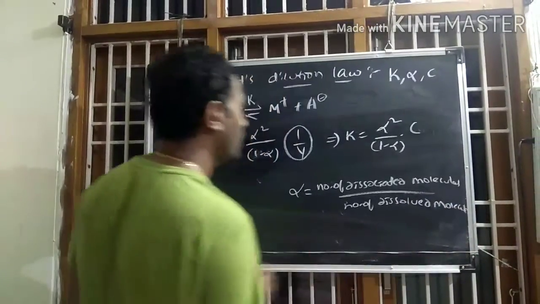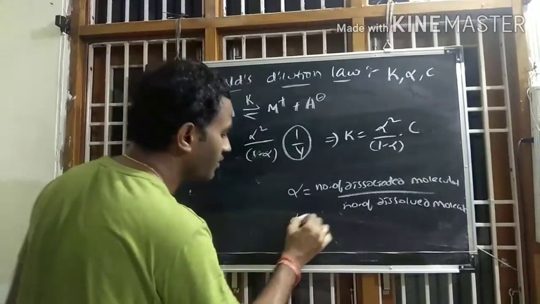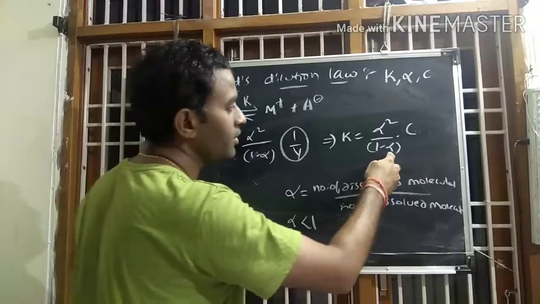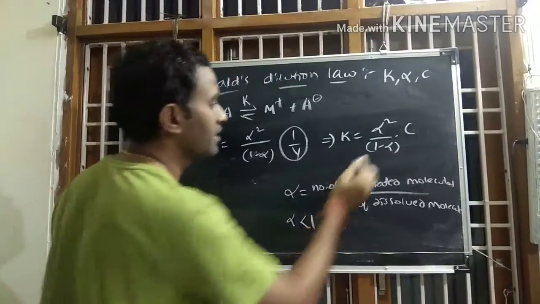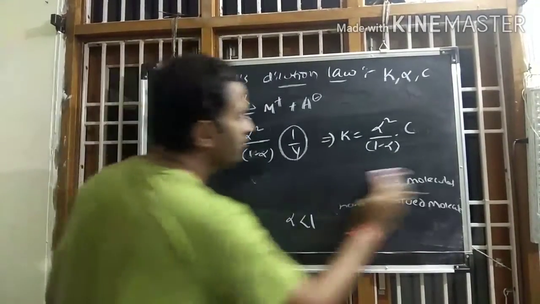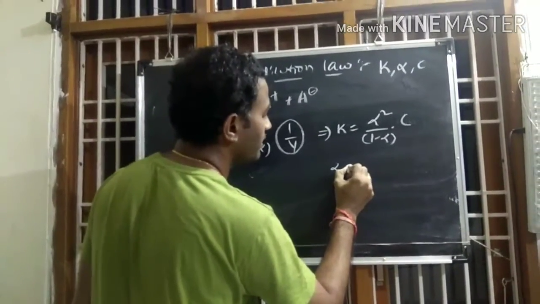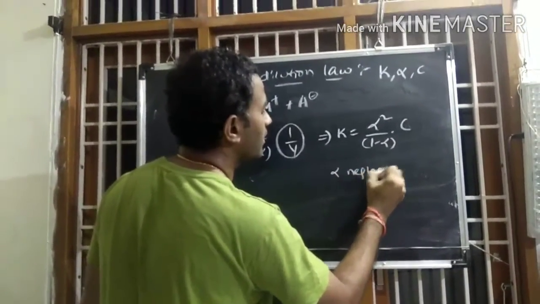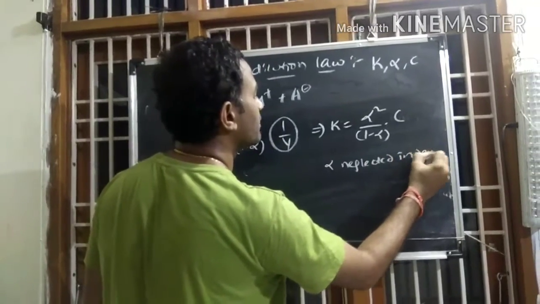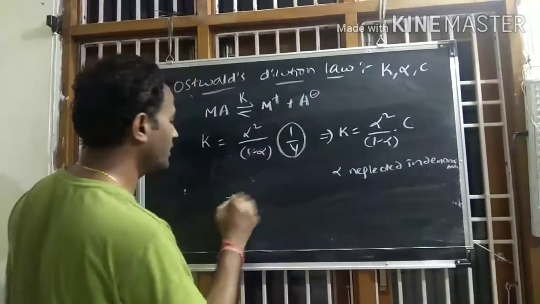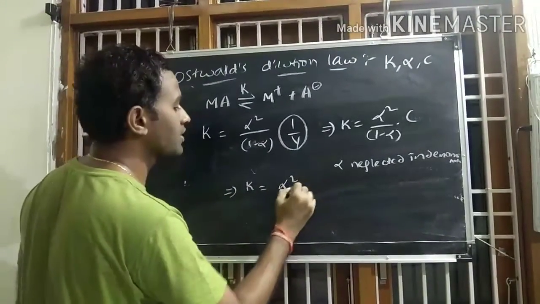Which will be less than 1. So we can neglect the alpha value in the denominator. By neglecting the alpha value in the denominator, what do we get here? K equals alpha square into C.